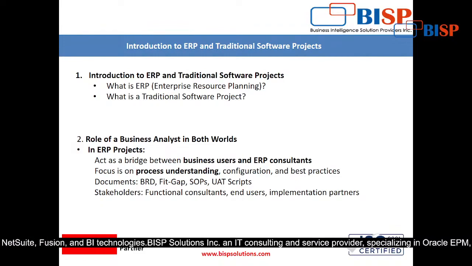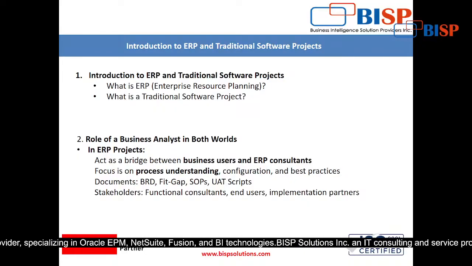In traditional software, the core scripting is done from the beginning, whereas in ERP projects, the product is already prepared and available. You have to tailor that product according to the need of the client. That is the main difference.